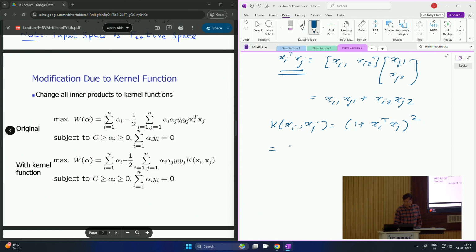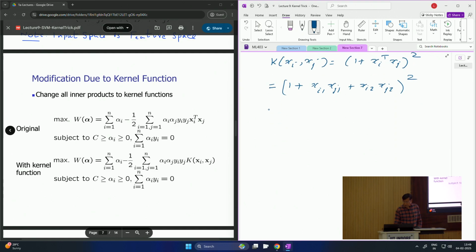But once we expand this, this will be 1 plus, so what is xi transpose xj? It is this thing, so I'll write this down. It is xi1 xj1 plus xi2 xj2 whole square, correct? Now I'll expand it further. So this is 1 plus this square plus twice of this cross product.